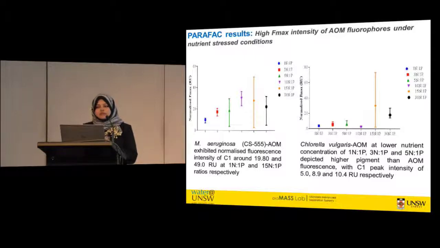So the study shows that when we increase the nitrogen in the ratio, the low molecular weight organics increase in these species. And if you increase the phosphorus concentrations, the high molecular weight organics increase. So it means it's an important monitoring parameter that should be given due consideration when we are looking at the cell counts and the pigment fluorescence. So AOM fluorescence and its monitoring could complement the pigment fluorescence and give us more idea about how these changes are occurring in a bloom and what the bloom health is.